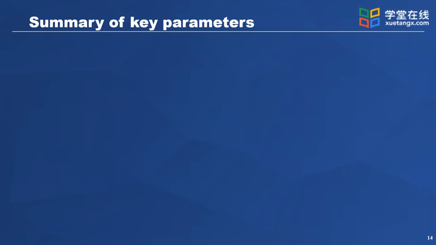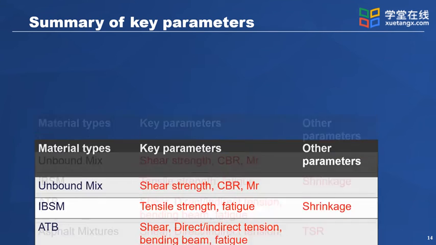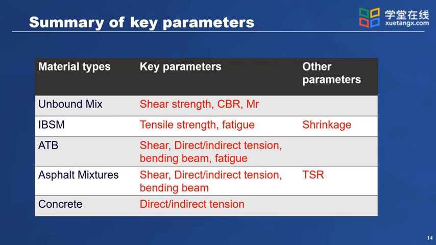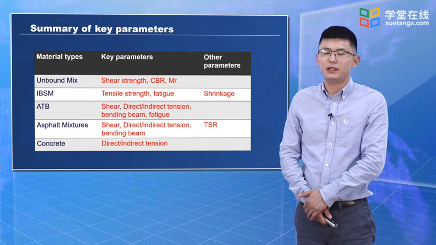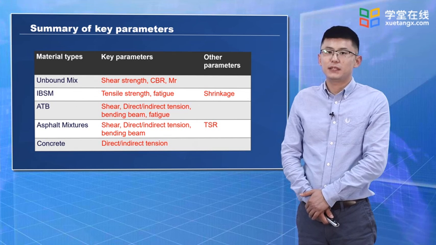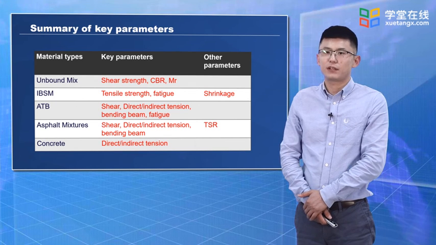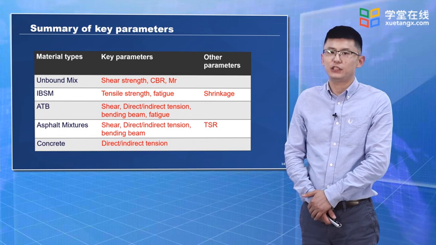Now I think it's time to have a summary of some key parameters we have introduced so far, for different material types. We have unbound mix, IBSM, ATB, asphalt mixtures, and concrete. For the unbound mix, we have the shear strength, the CBR, and MR. For the IBSM, we have the tensile strength, the fatigue, and some other parameters, for example shrinkage.